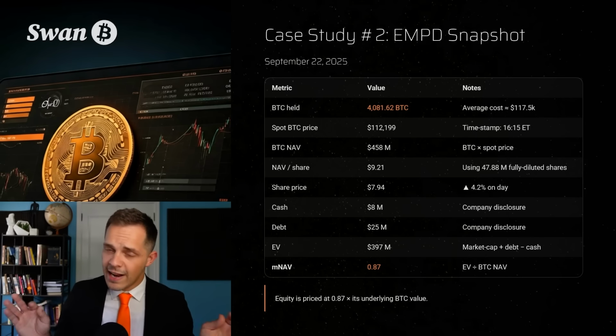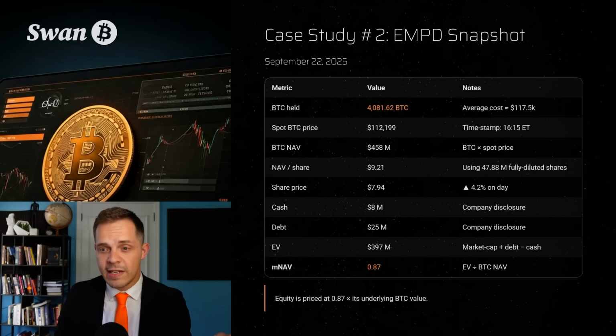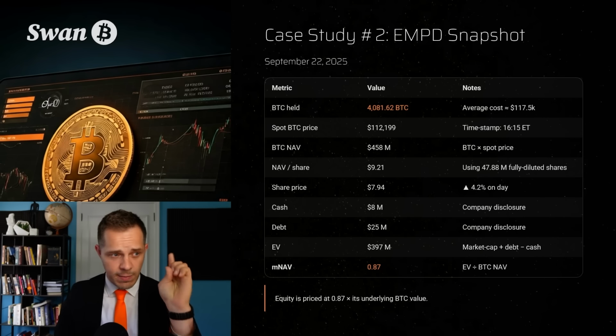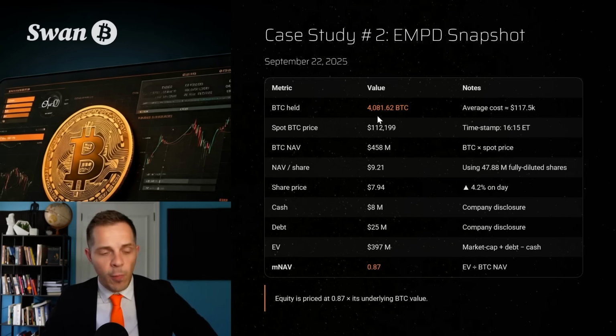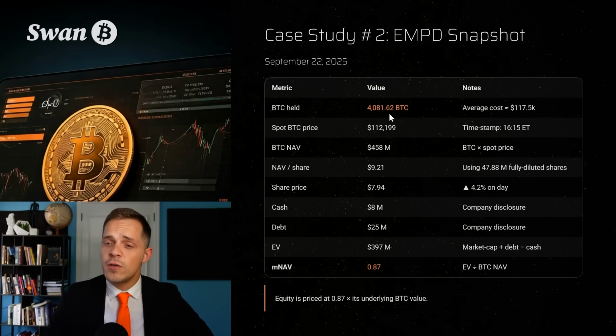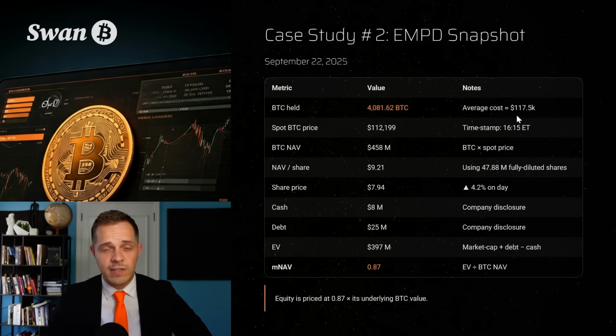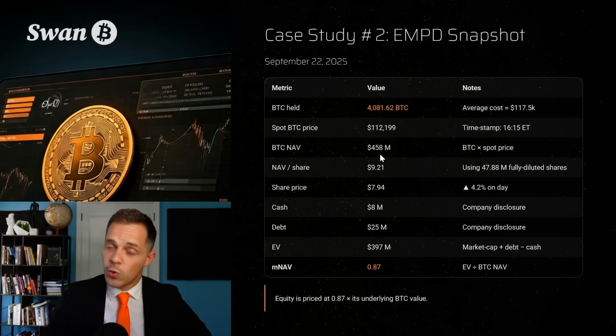So now we're going to run the identical calculation for EMPD. The data is again frozen from September 22nd, 2025. They're reporting 4,081.62 BTC on the balance sheet, accumulated at an average cost of $117,500 per BTC. The spot price, $112,000. That means their Bitcoin net asset value is $458 million.